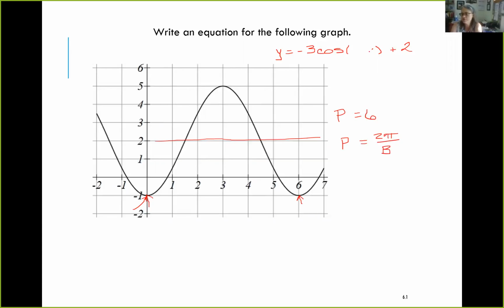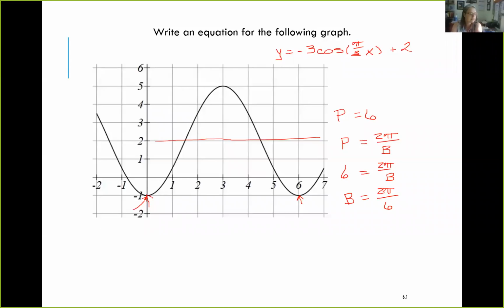That is my internal multiplier. It's going to go right there. So 6 equals 2 pi over b. So b equals 2 pi over 6, or pi over 3. And I'll leave that to you to check on Desmos. Make sure you can do this sort of exercise.